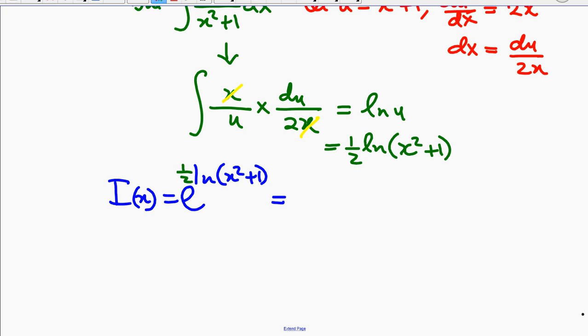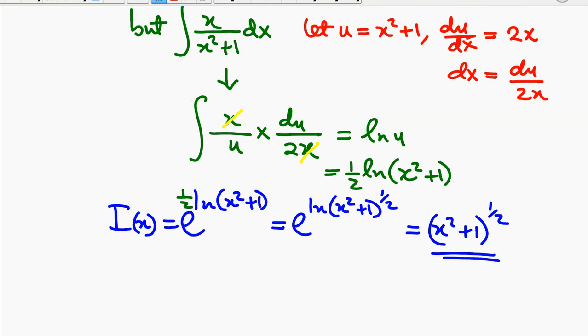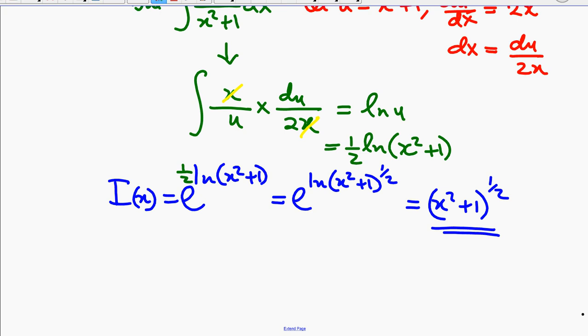So that will be equal to e to power ln x squared plus 1 to power a half, which will be equal to x squared plus 1 to power a half. All right, I just need to check that I haven't made any mistake. All right, good. So that is the integrating factor. Let's carry on.